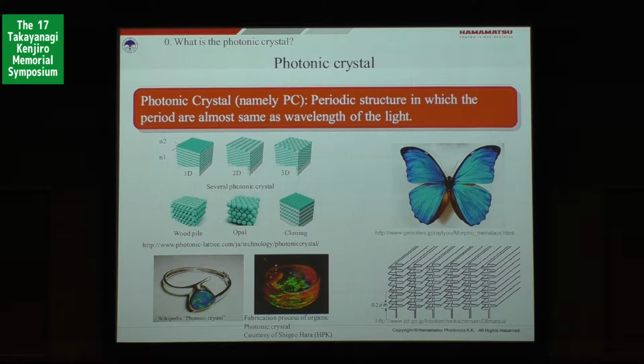And some butterflies' wings have photonic crystal structures. These beautiful colors might be caused by the nature of photonic crystals, in which strong diffraction takes place at special wavelengths and in special directions. Therefore, these beautiful colors are seen, I think.